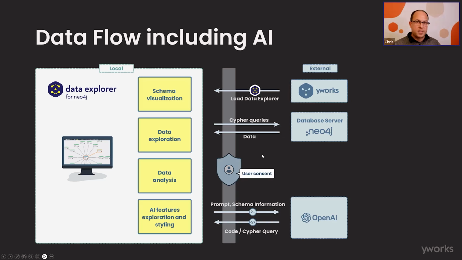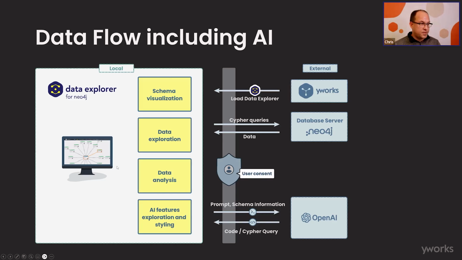So to create, for example, nice node templates, the AI needs to know a little bit what information is included in the schema, what properties are available for a specific node. So data will be sent from your local browser to OpenAI, and then it will generate some Cypher query or code that's again used by the Data Explorer application.